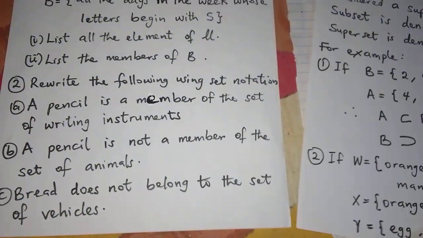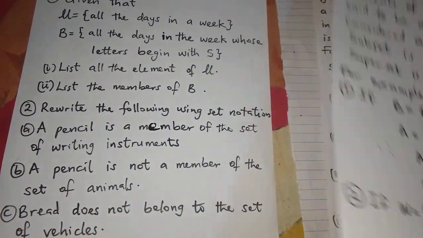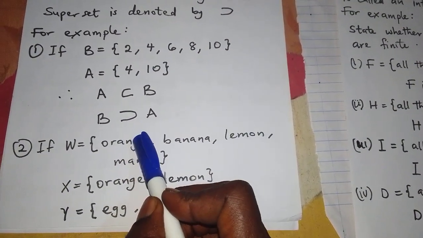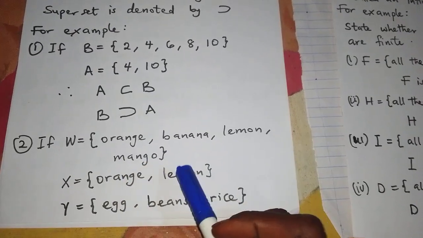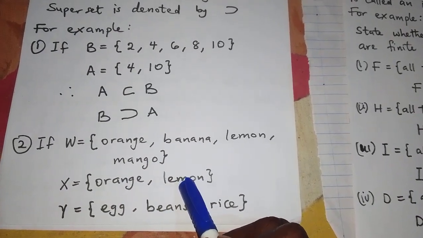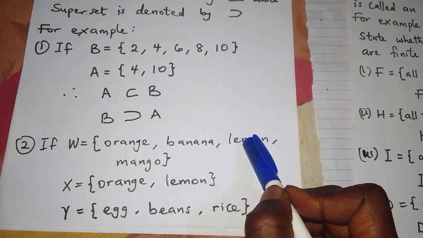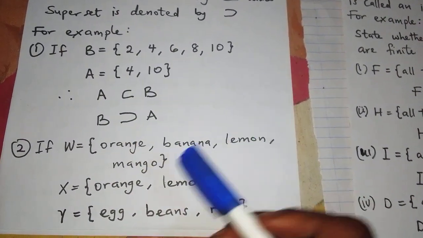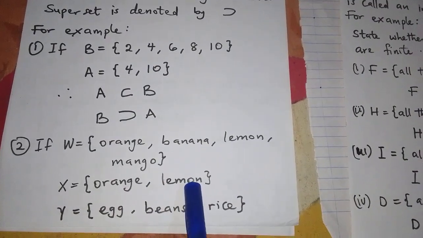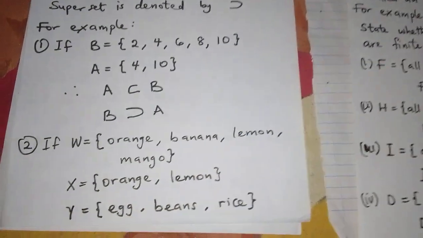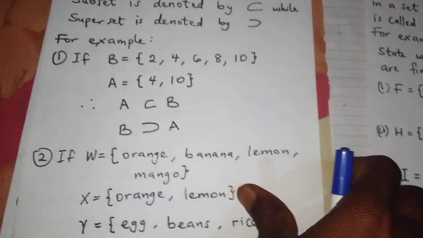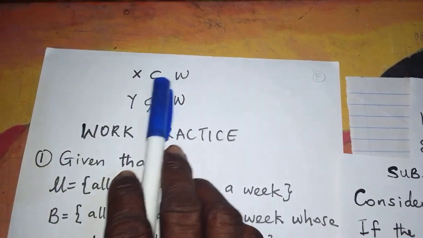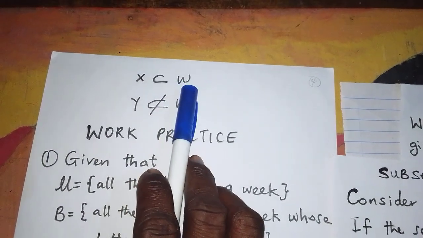You realize that orange is a member of set W and set X. Likewise, lemon is a member of set X and set W. So it means that X is a subset of set W, because all its members are inside set W. Mathematically, you will represent it as X is a subset of W.